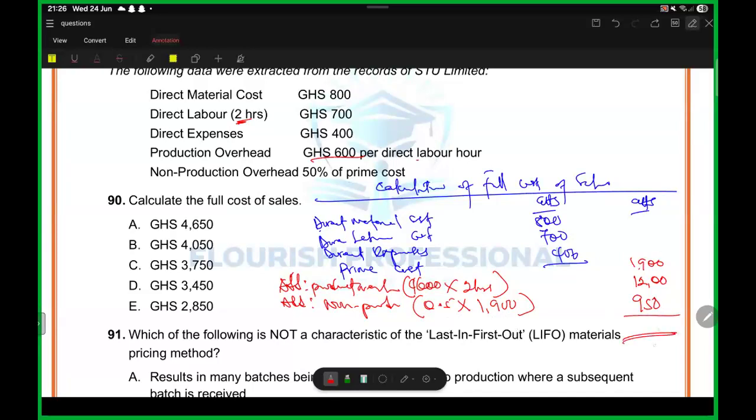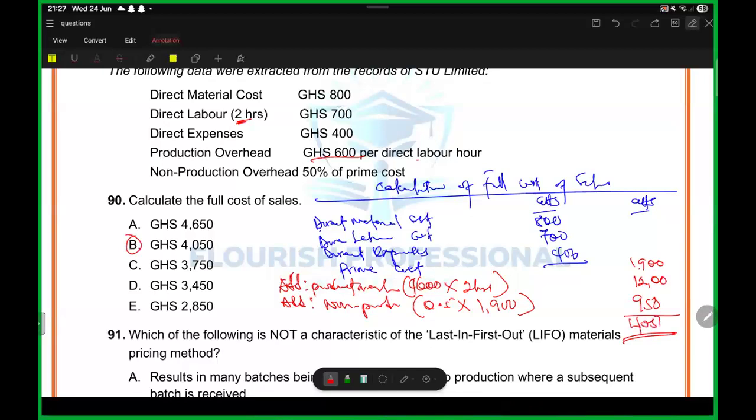So what's the total? 1,009 plus 1,002, then 950. What will be the total? $4,050. That is B, right?